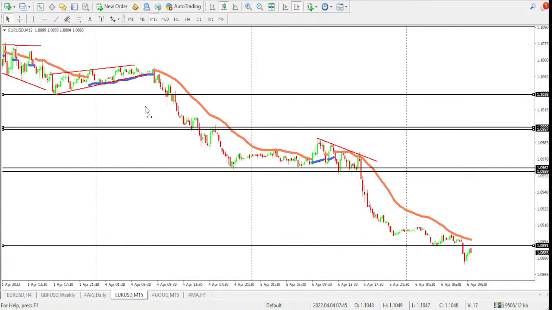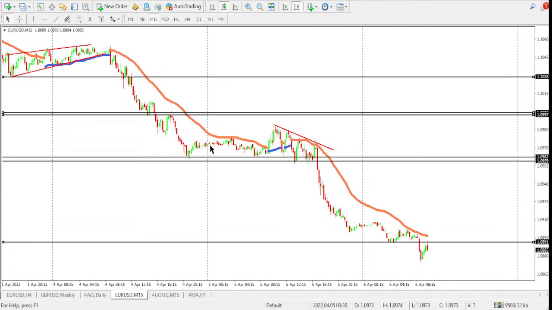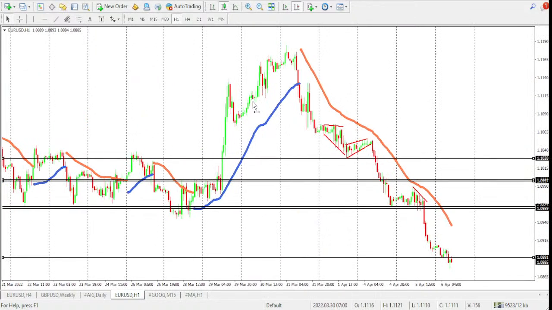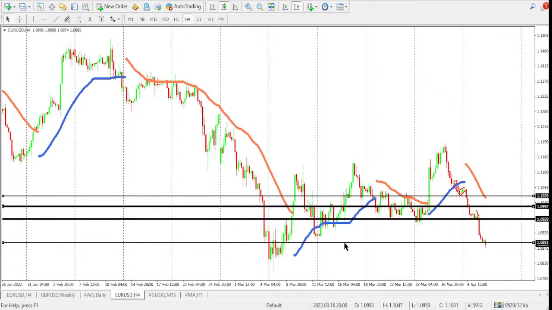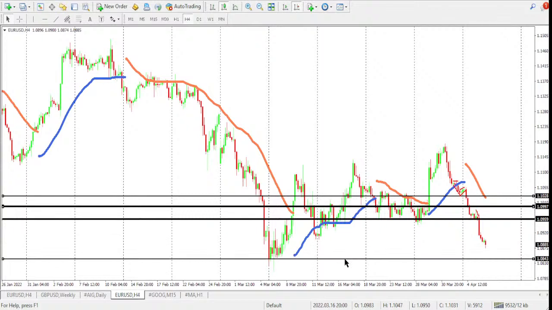As it is now, there is no clear shape as we're speaking, but this is now a good sell. We are looking forward to more sell positions, at least up to this level here. So if you successfully sell it, we expect the price to go down at least up to 1.0843, which is at the bottom here.